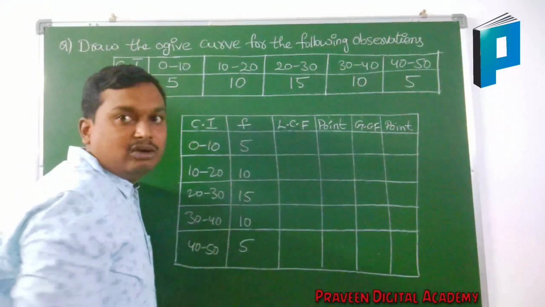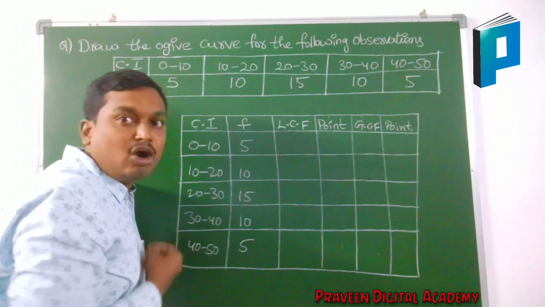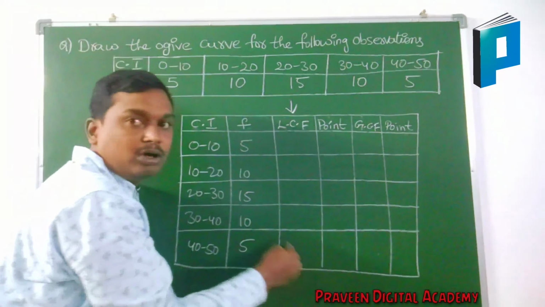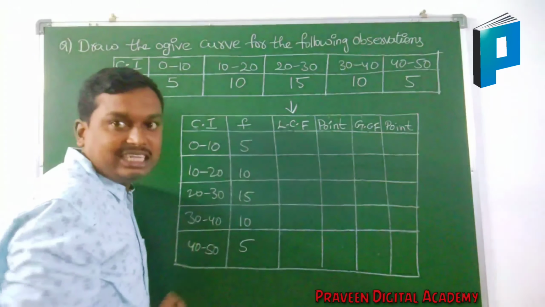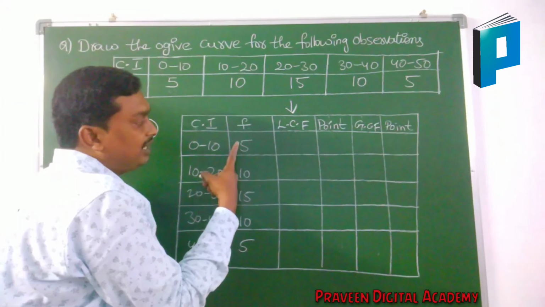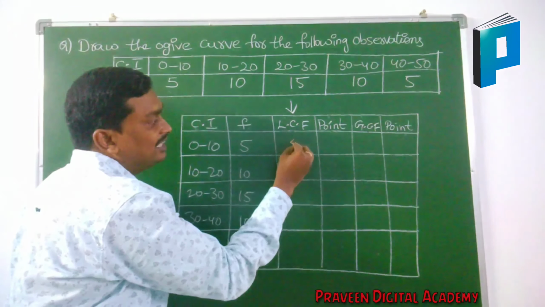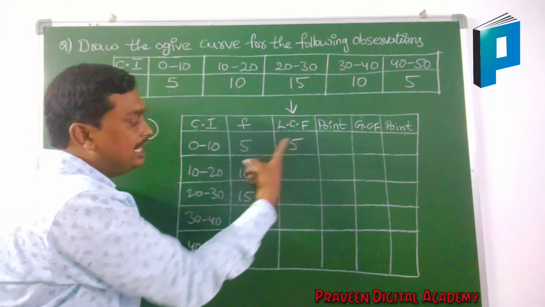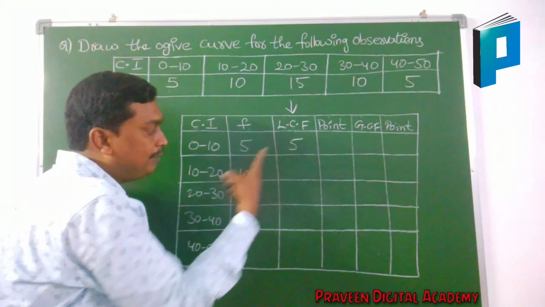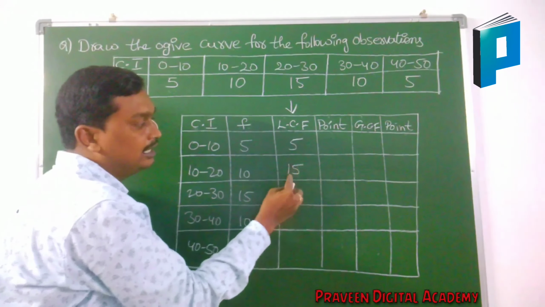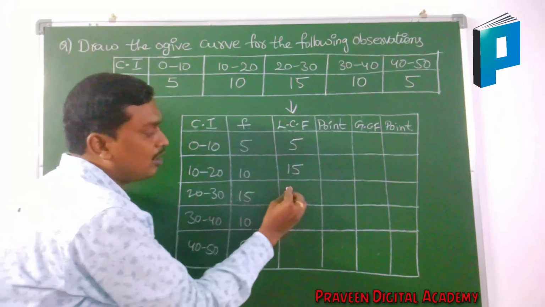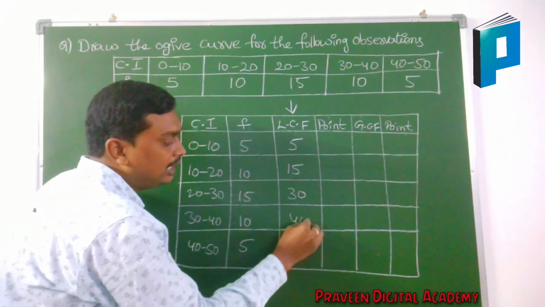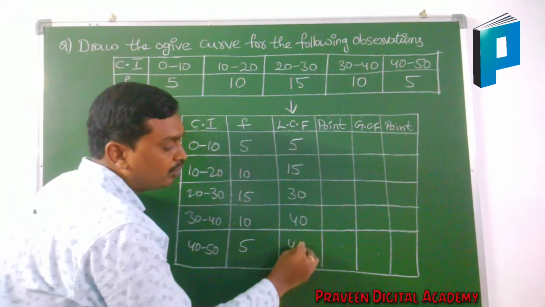How to find LCF: as I already told you, adding frequency from top to bottom is called LCF. Write the first frequency here, 5. 5 plus 10 is 15. 15 plus 15 is 30. 30 plus 10 is 40. 40 plus 5 is 45.